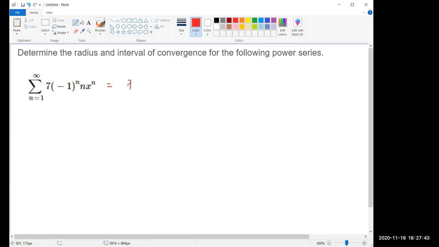It would be 7 times -1 to the first power times 1 times x to the first power, plus 7 times -1 squared times 2 times x to the second power. All right, I don't want to go any more, but that's how the power series looks. Can you guys identify the coefficient part and the center of this power series?